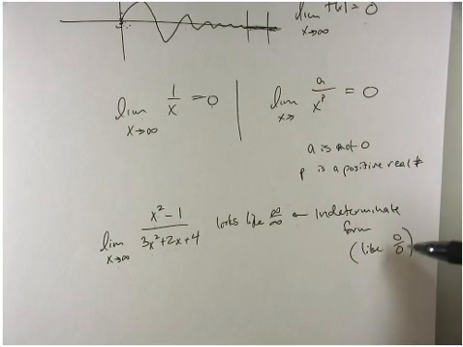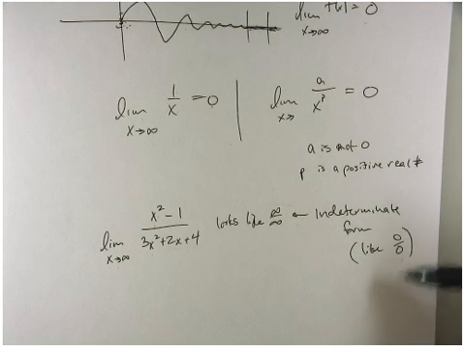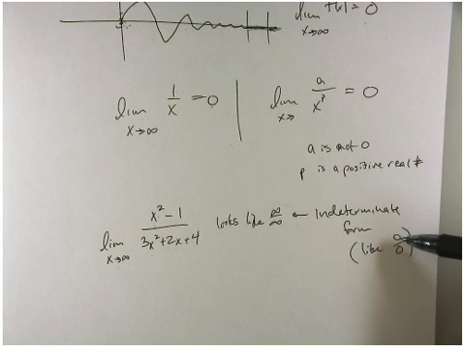Remember, with 0 over 0, the top 0 is wanting to make the function look like nothing. But the bottom 0, as you're approaching 0, you're dividing by smaller and smaller fractions, and they want that fraction to be big. So there's a tug of war happening between the two parts of this limit. The top wants to make it look like 0, and the bottom wants to make it look like infinitely large.